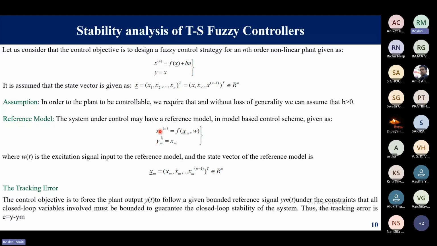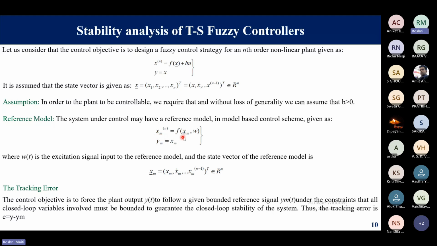This one is xm. So we will have some system output. Our aim is to track that output, and to track that output, we have to design the system in different zones.